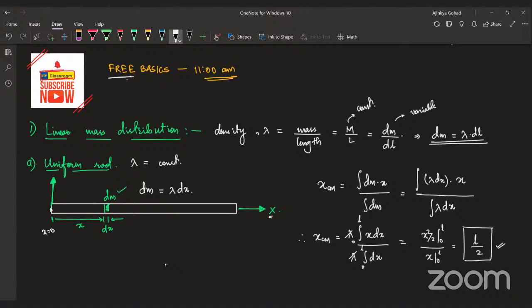So these were the limits. This is x equal to 0 and this is x equal to L. So we have x equal to L by 2.